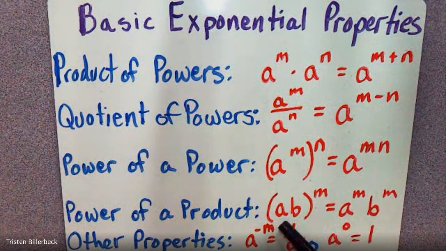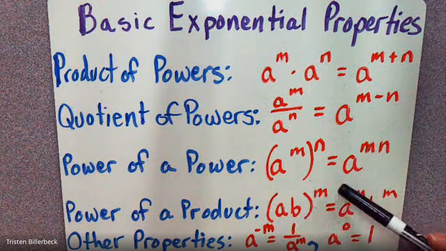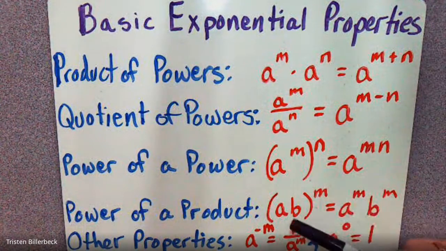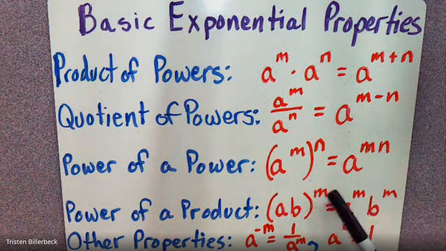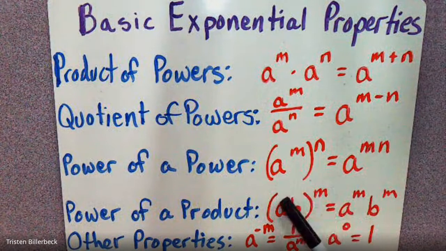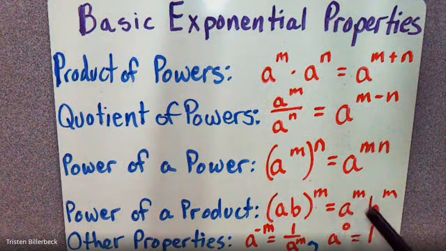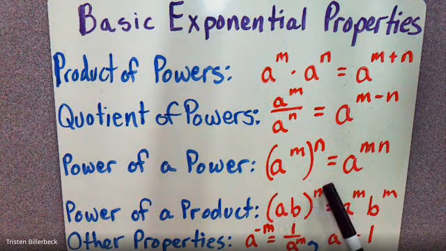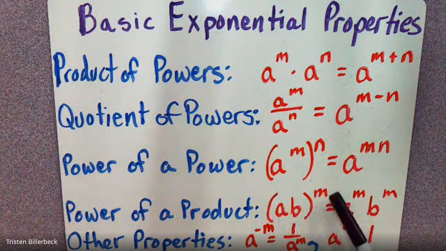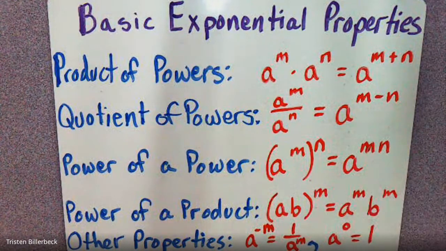So if I have the product a times b in parentheses to the m, then I can distribute this m to both of these terms. These are actually bases, so I'm going to distribute that to this base and to that base. So a to the m, b to the m.